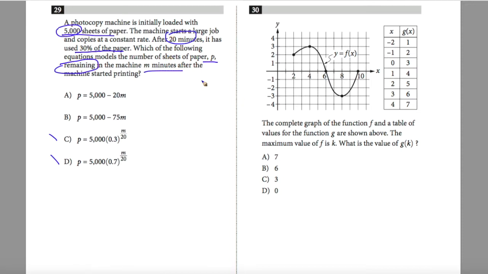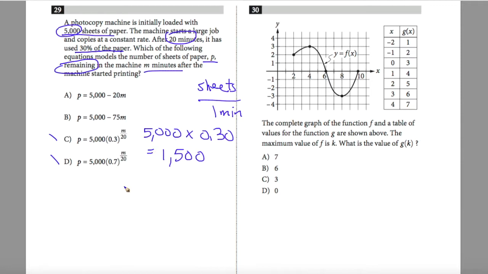So I'm trying to figure out how many sheets this machine does, let's say, per minute. In order for me to figure that out, I need to know what is my 5,000 sheets per 20 minutes, and how much of this I have left over. So I'm going to do 5,000 times 0.3, and this will give me 1,500.